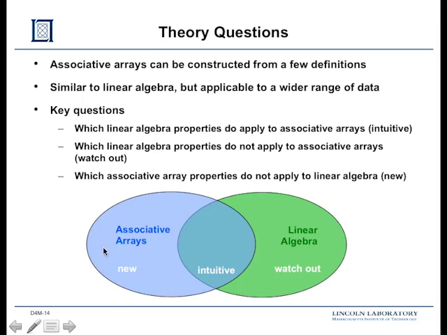The biggest one being the universal conformance of addition and multiplication of all associative arrays. So any two associative arrays, regardless of their size, can be multiplied and added to each other. Unlike traditional linear algebra, where you have very strict constraints about the dimensions of matrices in order for them to be added.